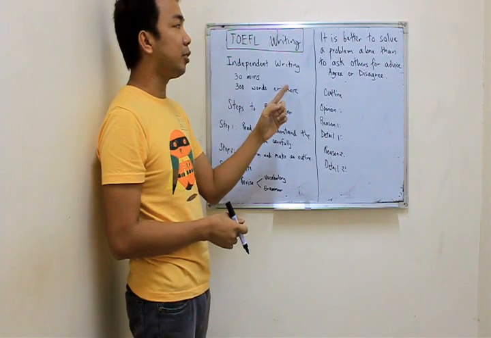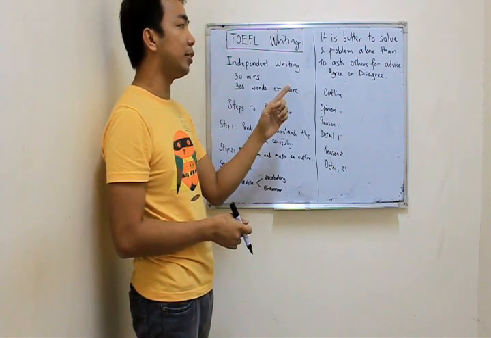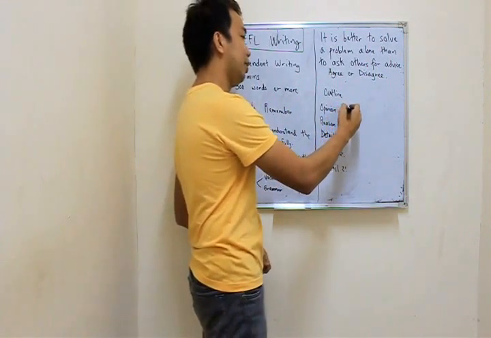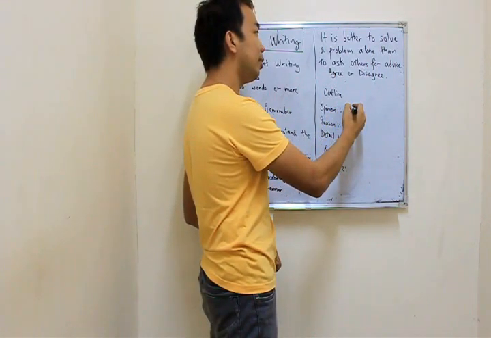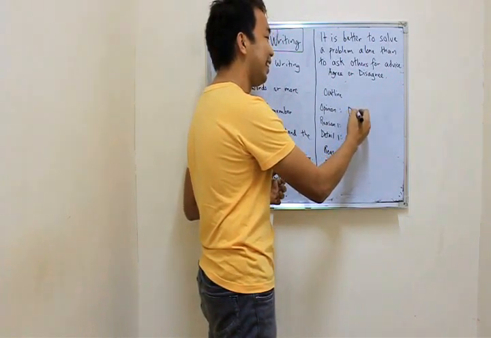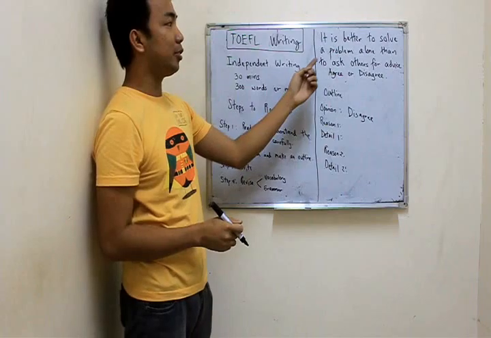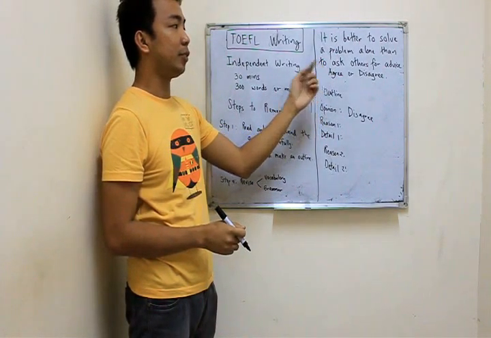It is better to solve a problem alone than to ask others for advice. In my case, I disagree, that it is better to solve a problem alone than to ask others for advice.